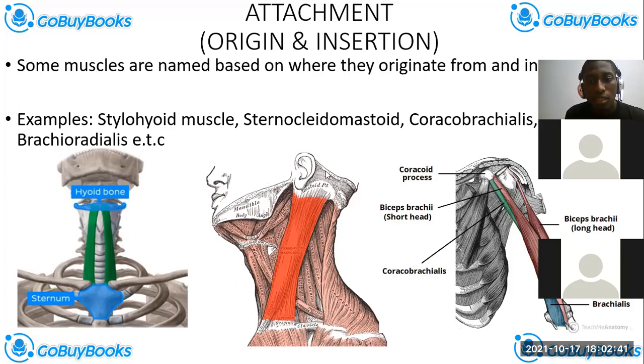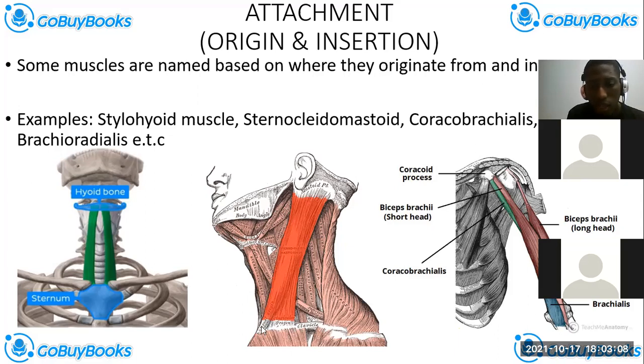Sternocleidomastoid. As you can see, you have three words coming together. Stern is from sternum. Sternocleidomastoid, so it's coming from the sternum. This muscle has two origins and one insertion. The origin is from the sternum here, and also from the clavicle.